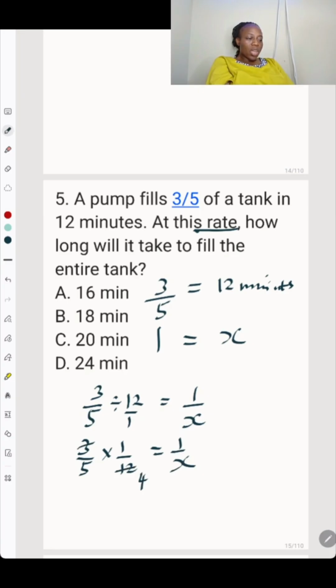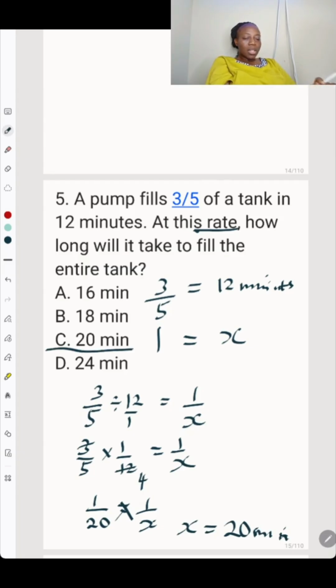So we have 1/20, like 5 times 4, 20, equals 1/x. Let's cross multiply now. x times 1 is x, 1 times 20 is 20. That will be 20 minutes. And the answer is C. That's 20 minutes. Are we good on that?